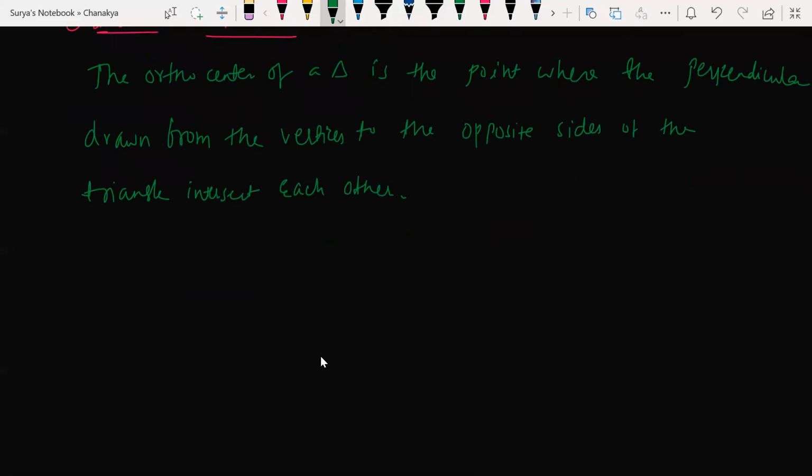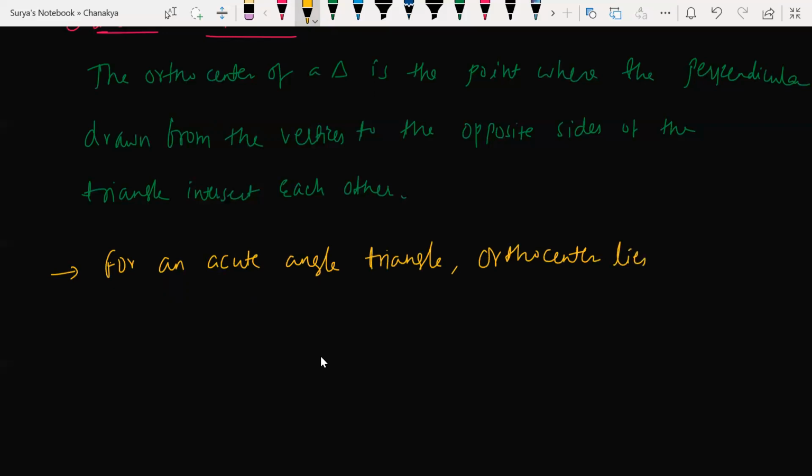You should know a couple of points here. For an acute angle triangle, the orthocenter lies inside the triangle. For an obtuse angle triangle, the orthocenter lies outside the triangle.